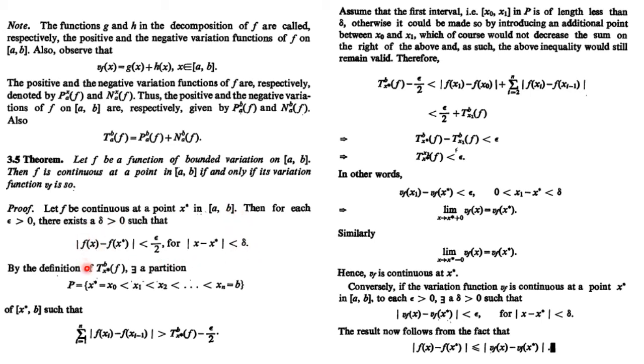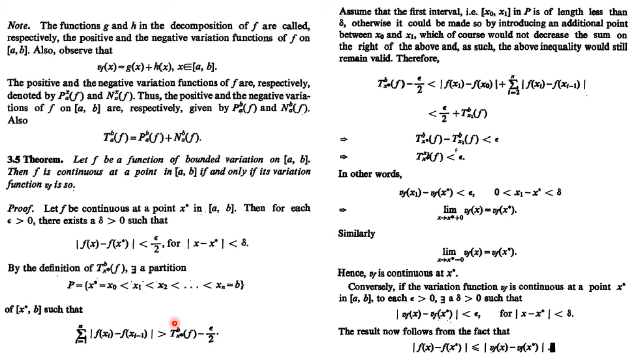Now by the definition of total variation going from x star to b, let's suppose there exists a partition, okay, of the closed interval x star to b such that this variation is greater than the total variation minus epsilon by 2.